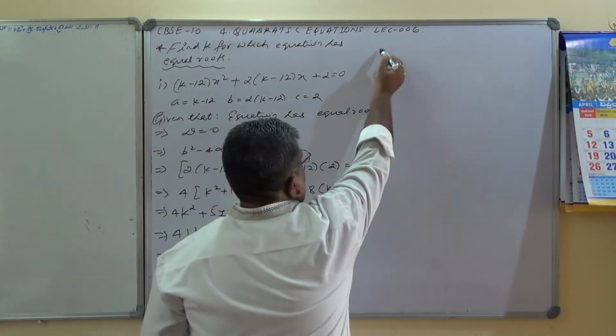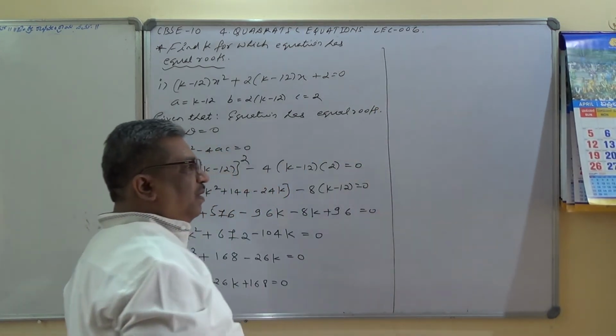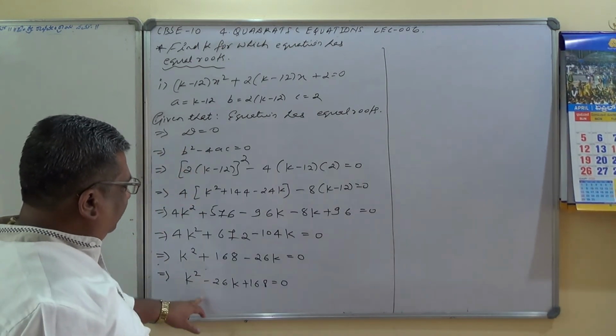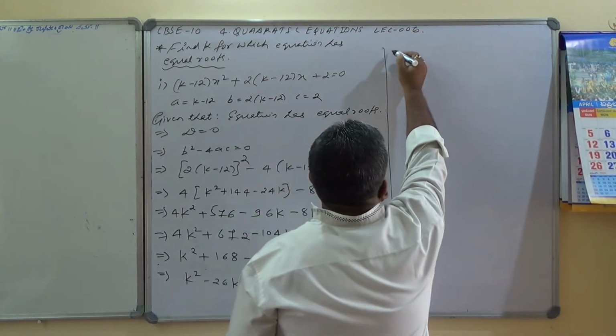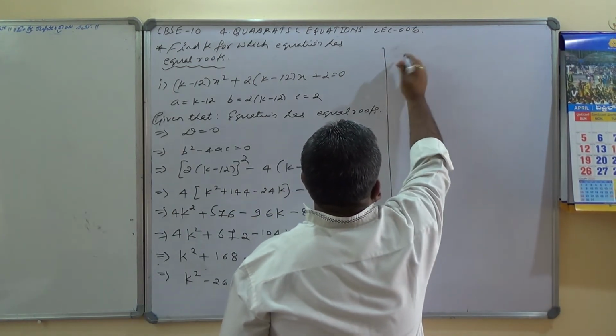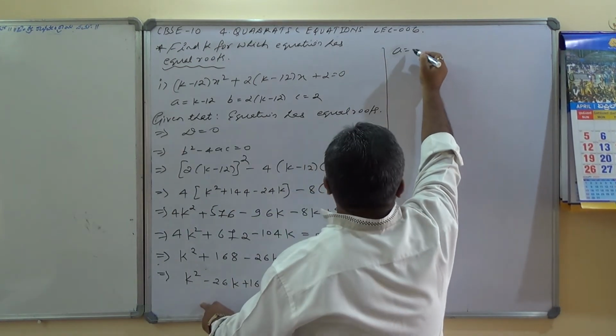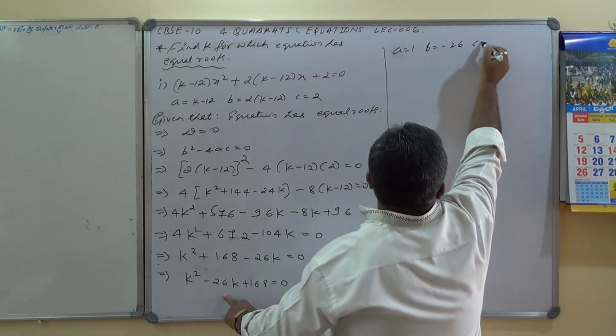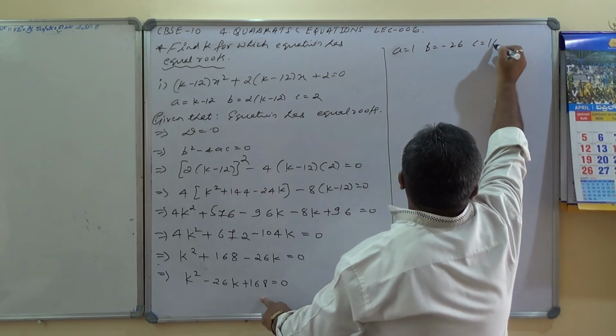Either you can use once again the quadratic formula, or you can use splitting the middle term. But let me use the quadratic formula here. So what are the values? a equals 1, b equals minus 26, c equals 168.